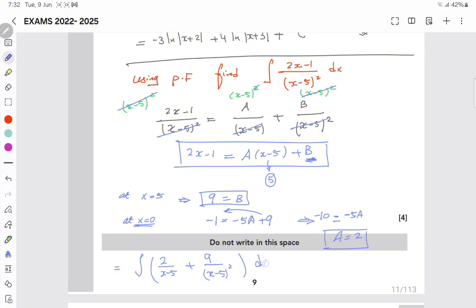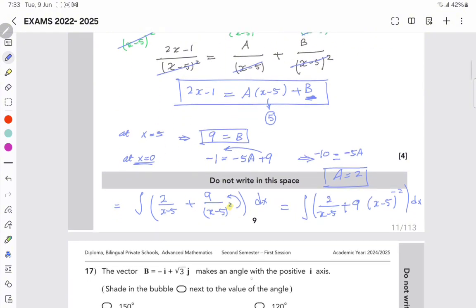all of that with respect to x. Note that here the bracket is raised to the power 2, not to the power 1. So you need to change that to be x to the power n. So it's equal to the integral of 2 over x minus 5 plus 9, and that goes up to change the sign because the power is not 1. It will be x minus 5 all to the power negative 2, all of that with respect to x.